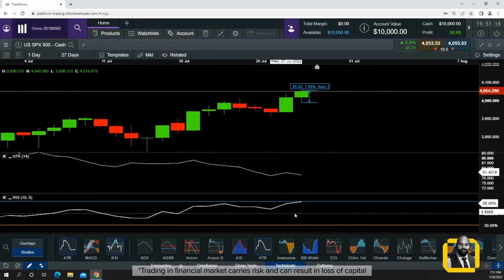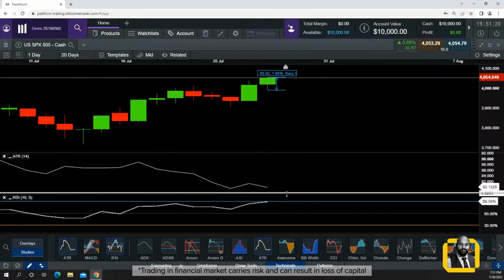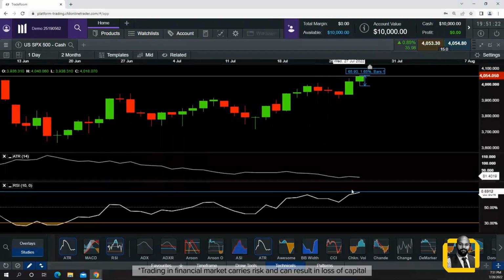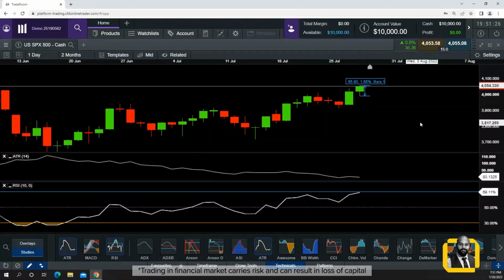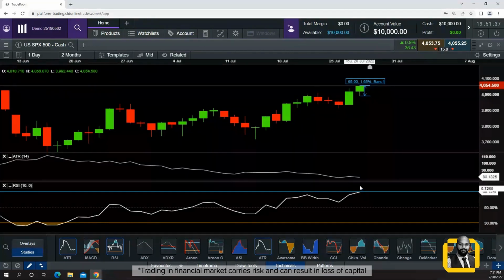Now I'm combining my RSI, on a daily time frame, with my ATR. ATR is $80. I understand that the market has already moved $70, $65. Maximum as per the ATR, it can go up another $10, $15. And my RSI has come to overbought. What did we learn?